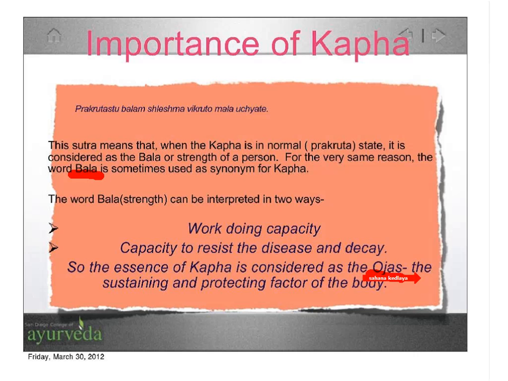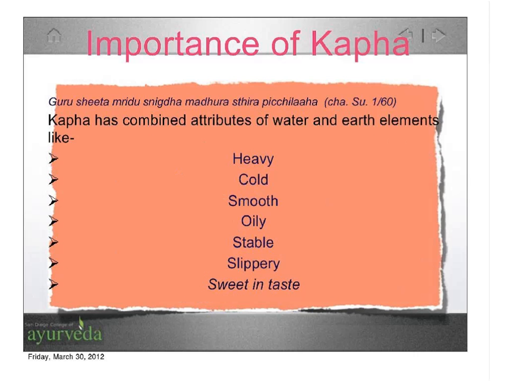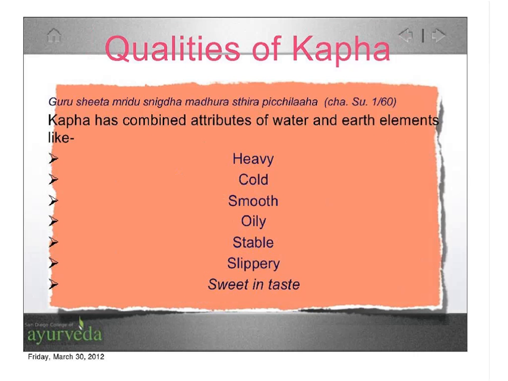It is essential for the sustenance and protection of the body. That is why, since the essence of Kapha is Ojas, which protects the body, Kapha is considered very important for the maintenance of life.